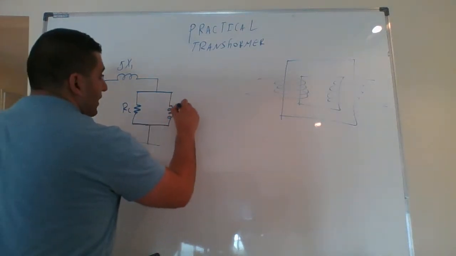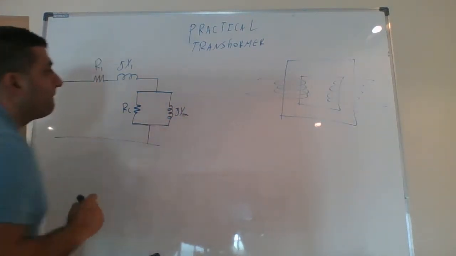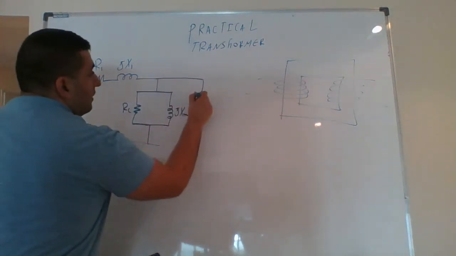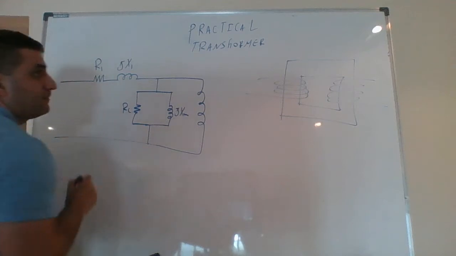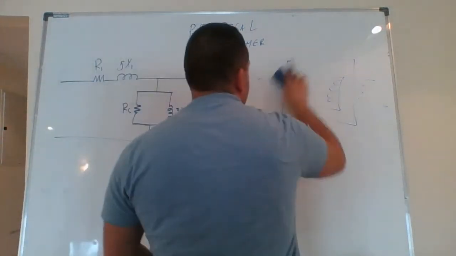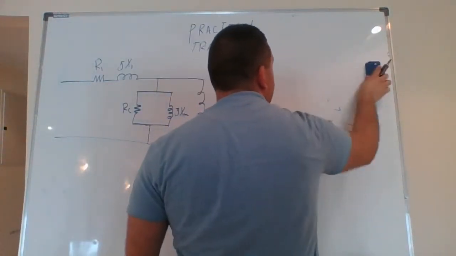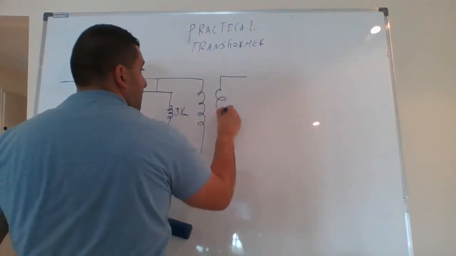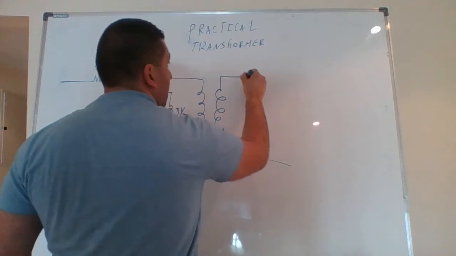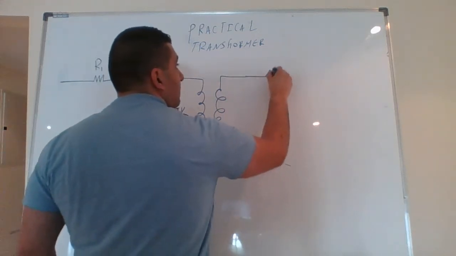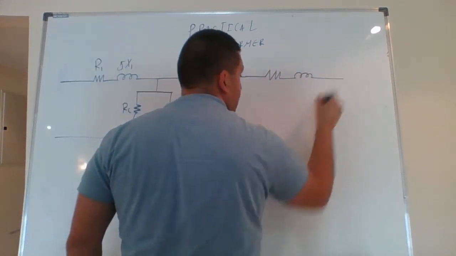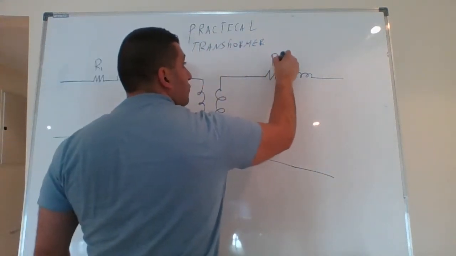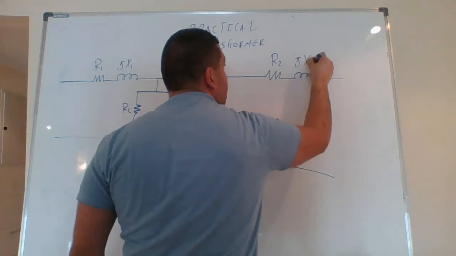I want to call it JXM. Let me move this to the side. On the other side, I have the second winding. In the second winding, I will have R2 and JX2.